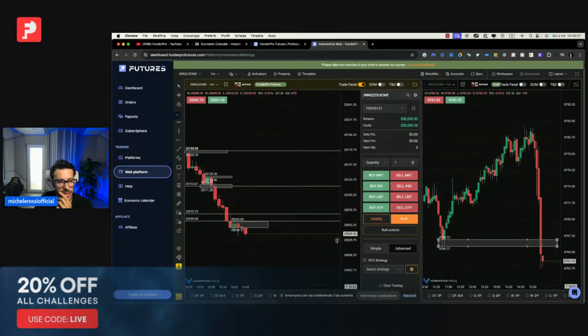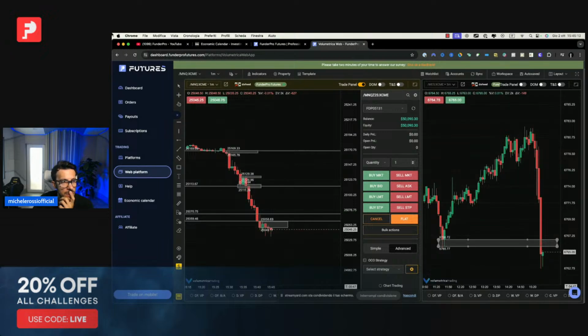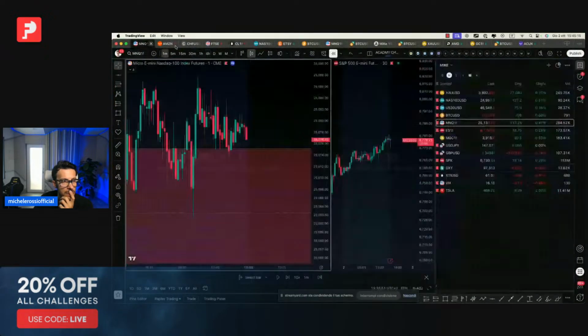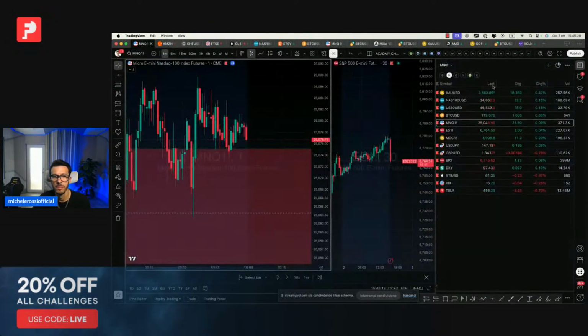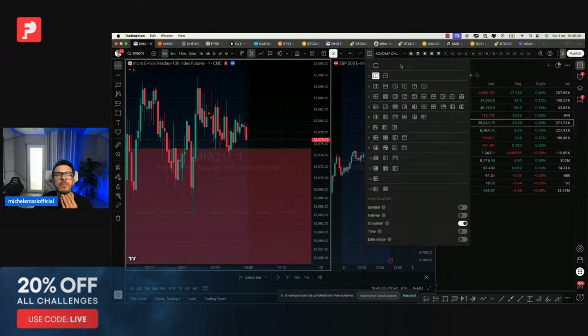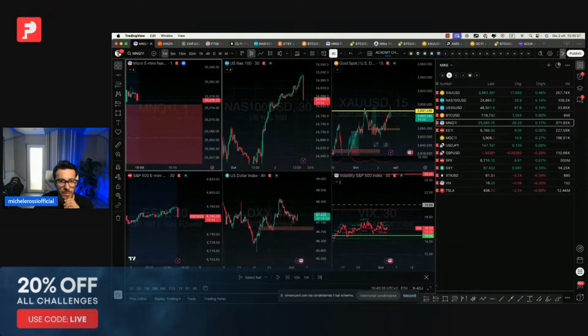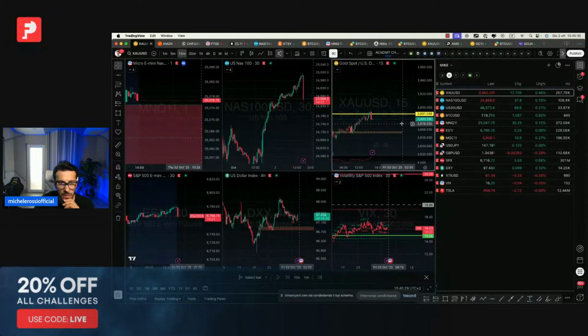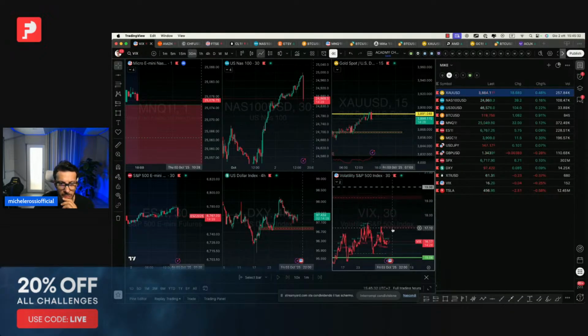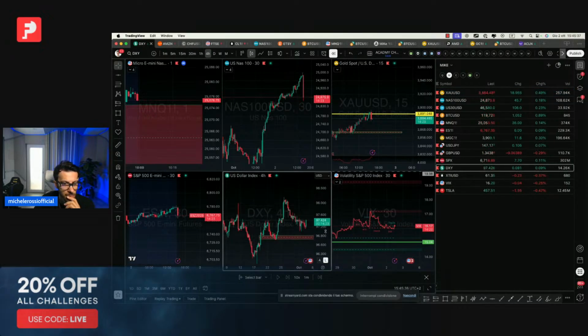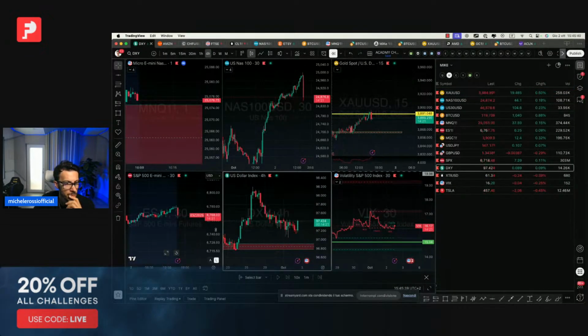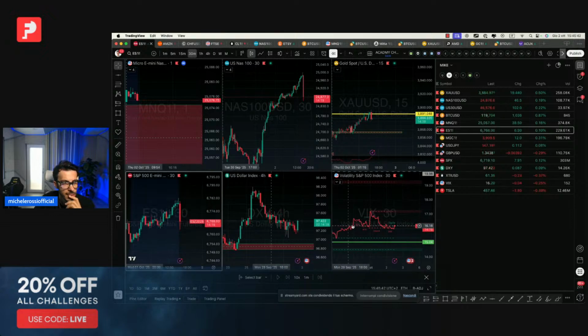And again, it keeps on pushing down. Dollar is gaining strength.